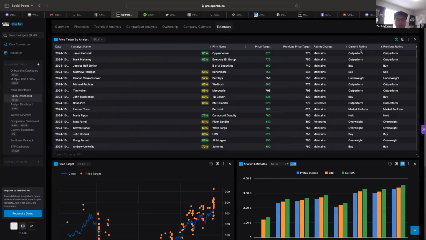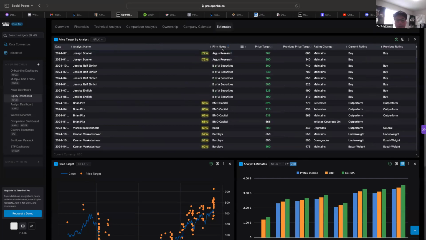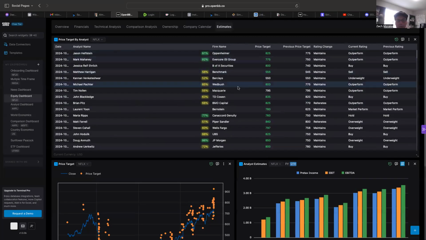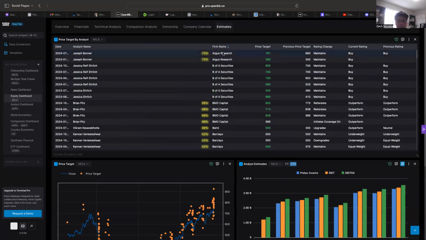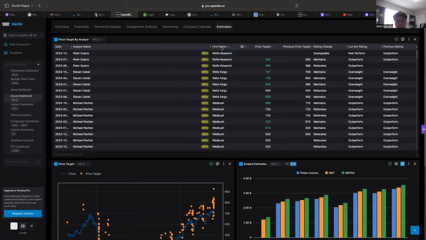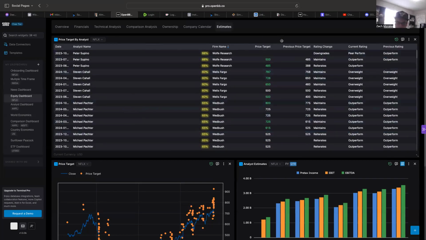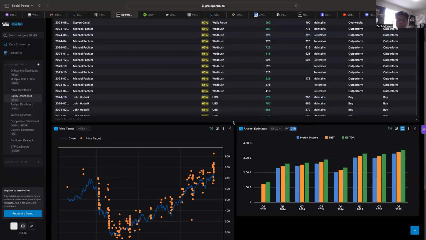For instance, you can go by firm and sort these by firm name, and just take a look at which firms you like, whether it's Wells Fargo, Wedbush. Dan Ives is pretty famous over at Wedbush. Let me see if he pulls up here for Wedbush. Michael Pachter. So nothing from Dan Ives on Netflix.